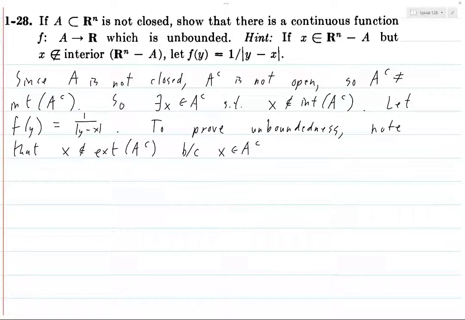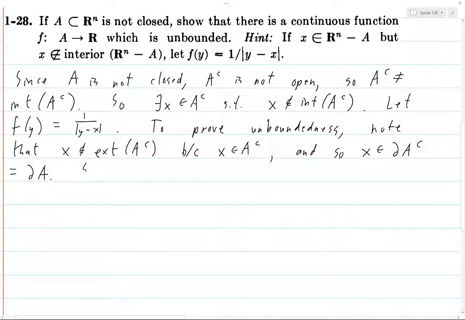Because x is in A complement, but not in the interior of A complement, x is in the boundary of A complement, which is also the boundary of A. Given any set A, you can break the space into the interior of A, the boundary of A, and the exterior of A. We've chosen x to be in A complement, so it's not in the interior of A. And it's not in the interior of A complement, meaning it's not in the exterior of A. And so it has to be in the boundary of A. Given that argument, saying it that way would have been less work than what I've done here, but whatever.